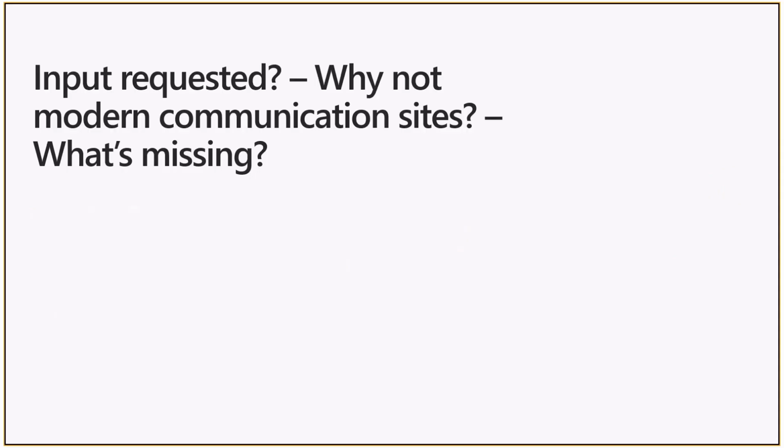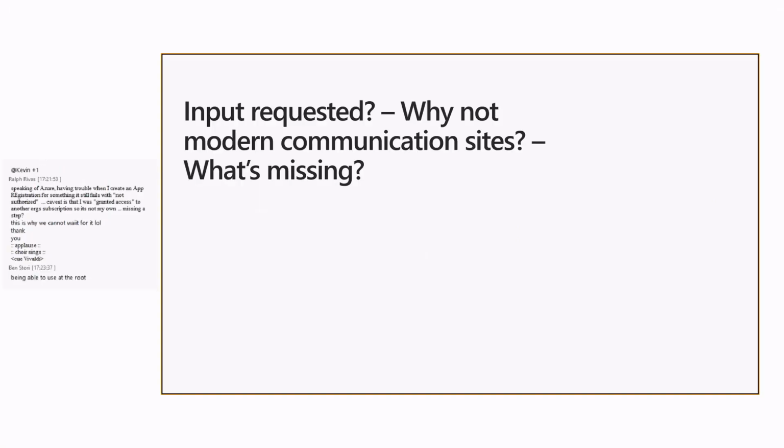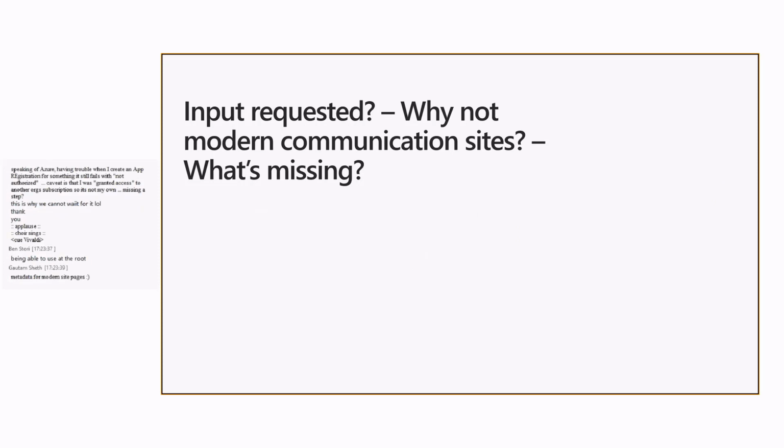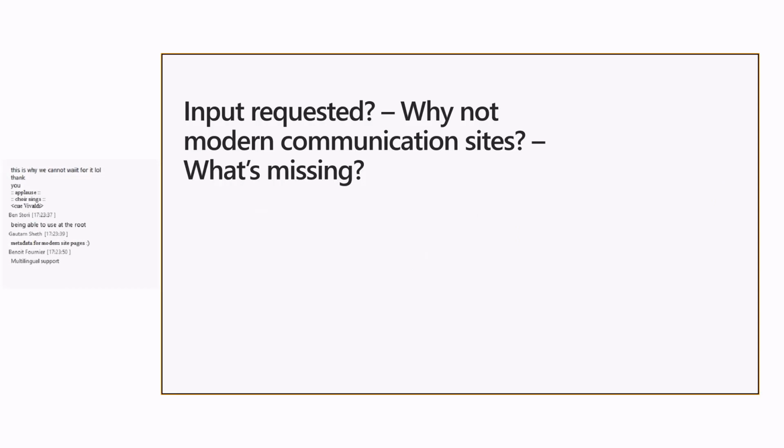I get that. But what would be the most important things around the communication sites which you need to have? If you're raising your hand, virtually, and saying, "Oh, I want to have a custom master page," trust me, that's not going to happen. If you need custom branding with custom widgets in header and footer and layout, yeah, you can actually do that already.